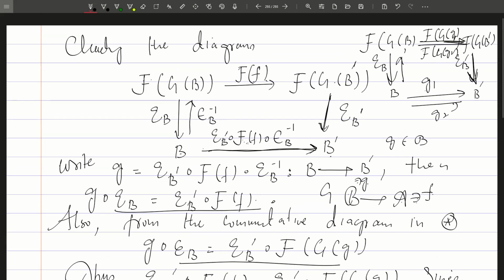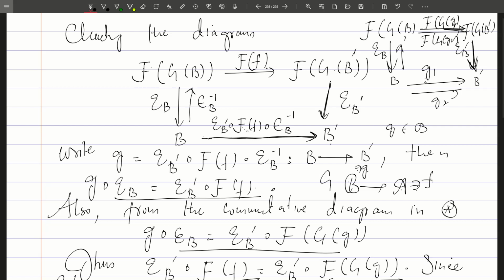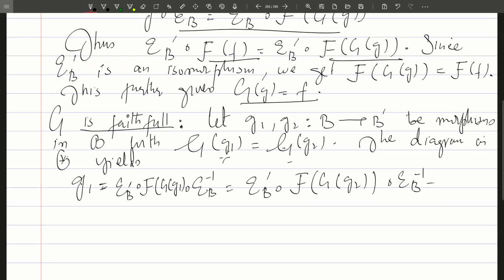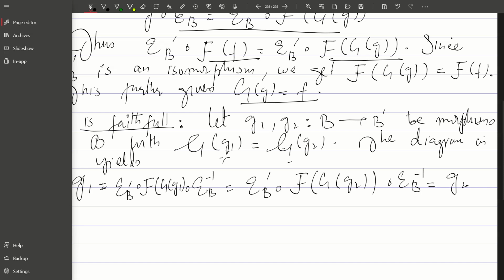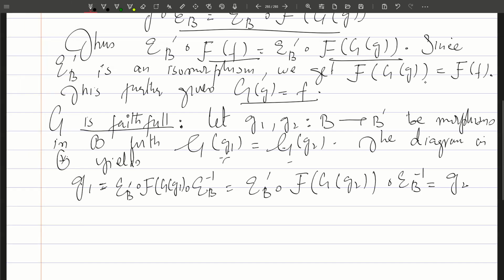But that is the same as the map g2, because g2 is the same as first going via epsilon b inverse, then via f of g2, then via epsilon b prime. So this is the same as g2. So this proves that G is full.